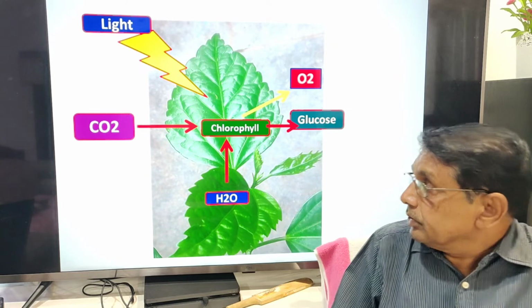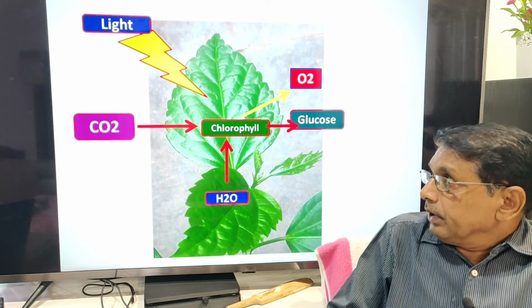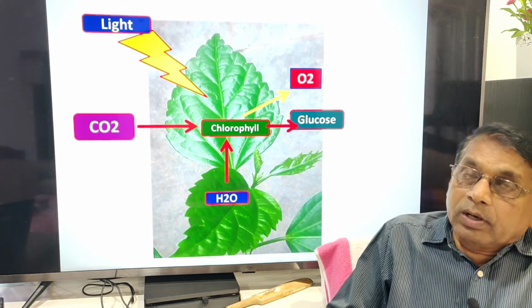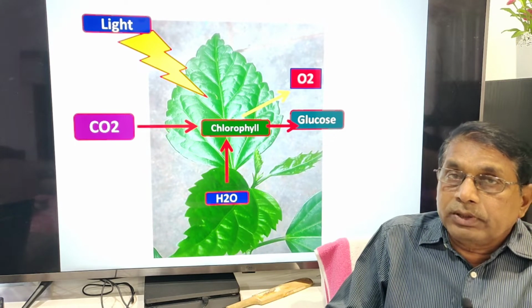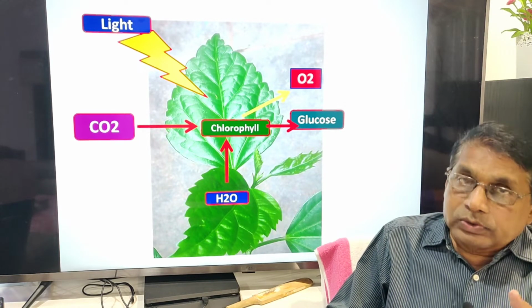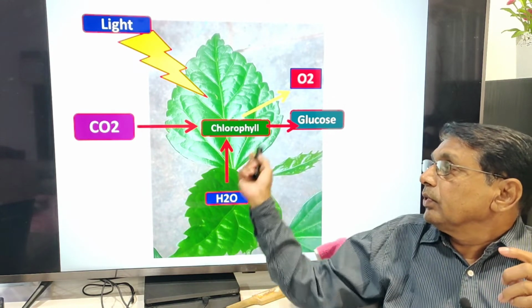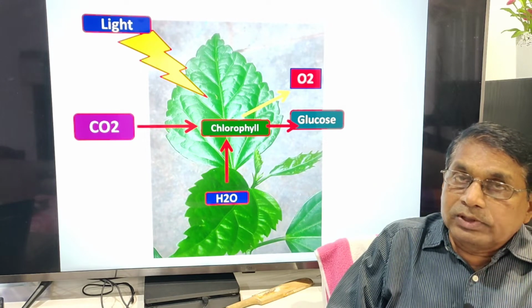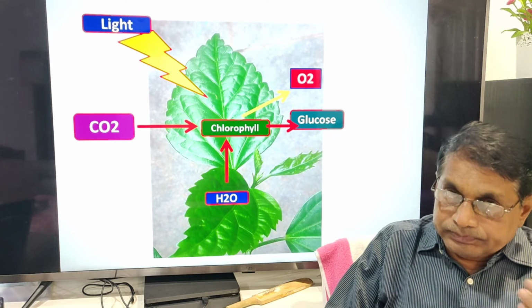So this is a picture depicting the requirements of photosynthesis. Simply what happens during photosynthesis. This is a leaf, chlorophyll. Chlorophyll is the platform where the photosynthesis takes place.